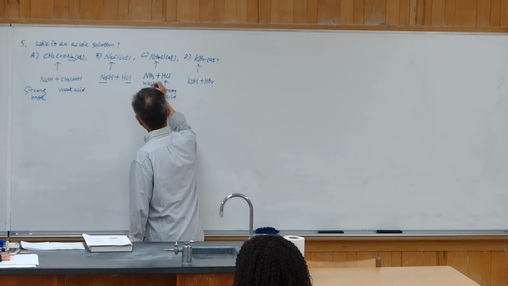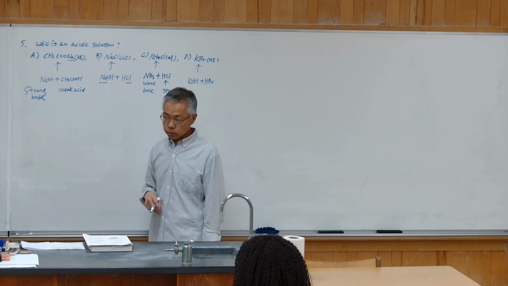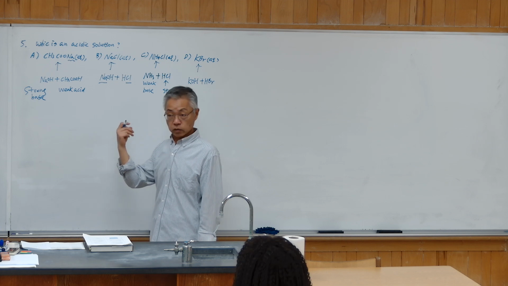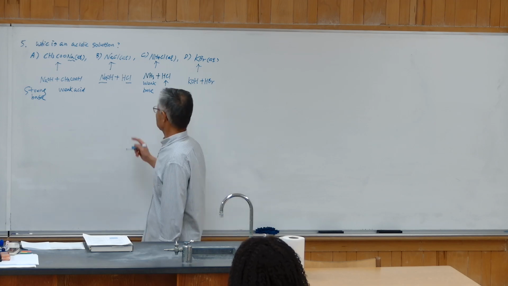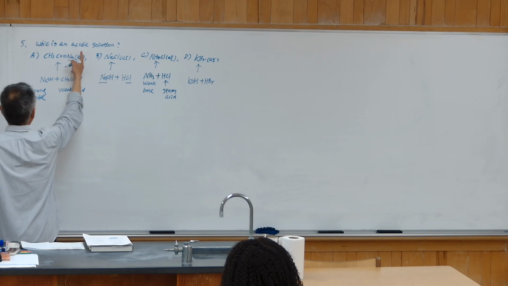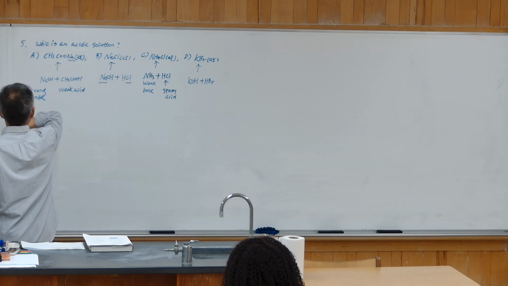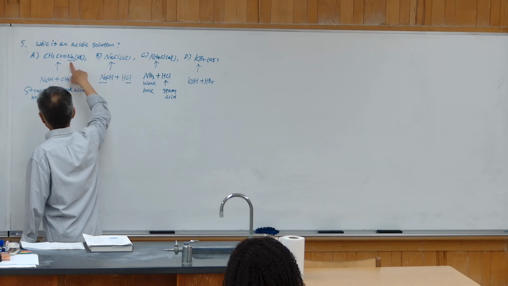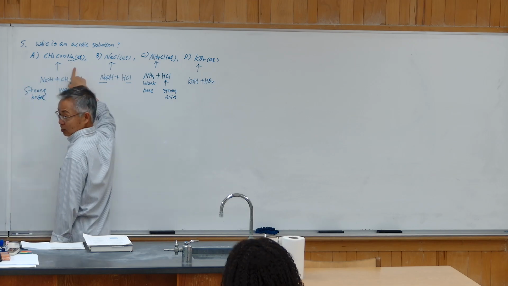Ammonia is a weak base. In chemistry, sometimes you need to memorize some things. Keep in mind, ammonia is a very common weak base. Okay. So clearly, this is your answer. This salt comes from a strong acid reacting with a weak base, so it gives you an acidic salt. If a salt comes from a strong base reacting with a weak acid, clearly this is a basic solution.